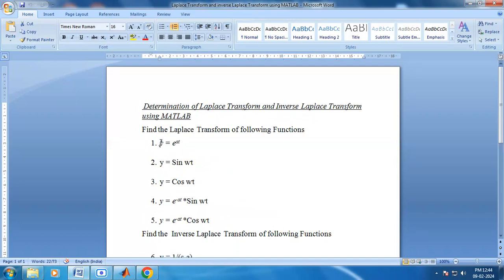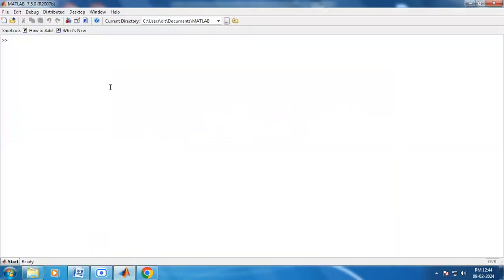So in the first example, y equal to e to the power at. Here the variable is a and t, so we have to define the variables a and t in Matlab. Define them using syms a, and put a semicolon after defining syms t.